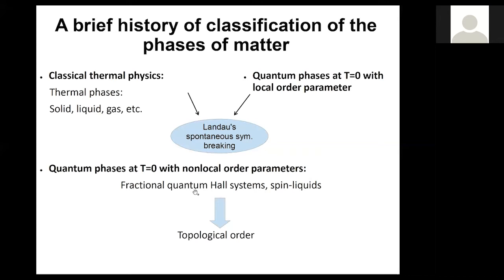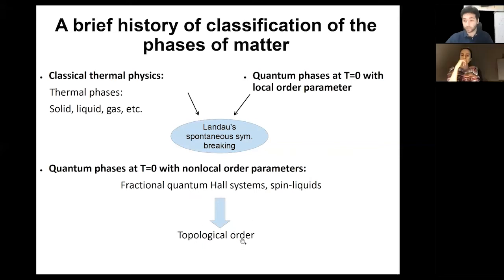And people later defined something called topological order. The topological comes from these non-local order parameters. Due to them, these systems have properties which depend on the topology of the manifold that we put them on. If we put these systems on a sphere or on a torus, certain things such as the ground state degeneracy are different, even though the Hamiltonian is the same.